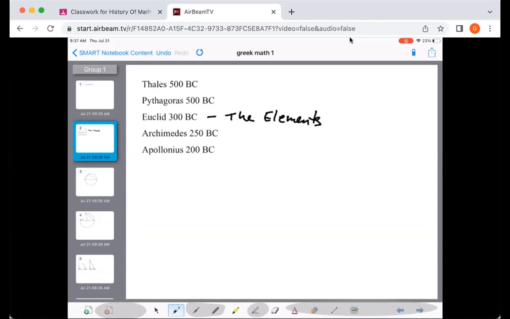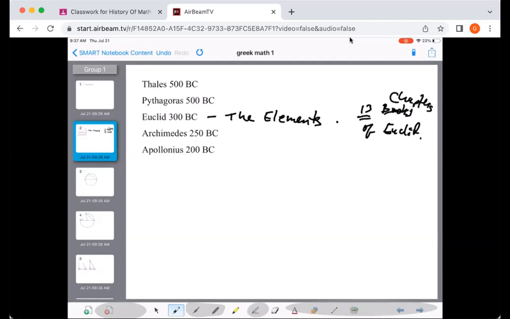Like in the 1950s, in some private school with a classical education, they would use Euclid's Elements as their textbook. Euclid's Elements is sometimes called the 13 books of Euclid, but each of those 13 things is more like a chapter of a big book.